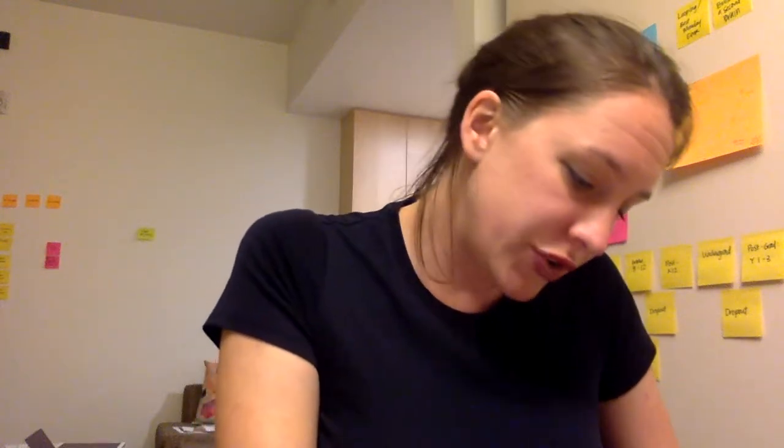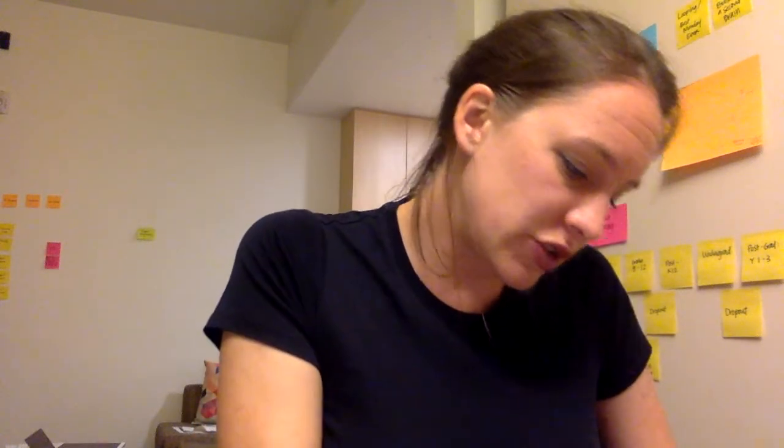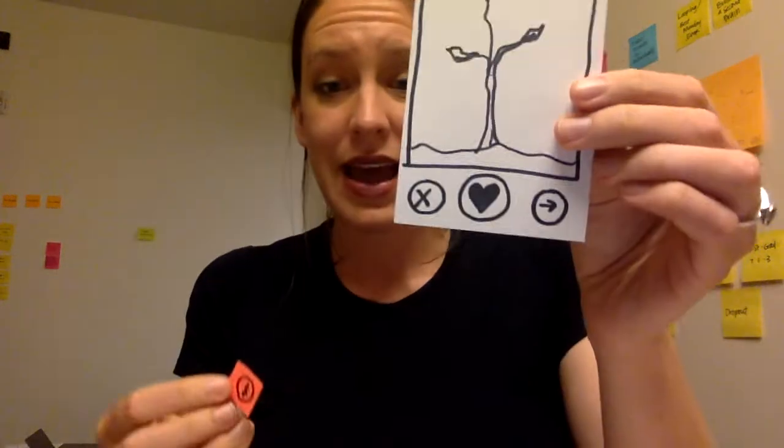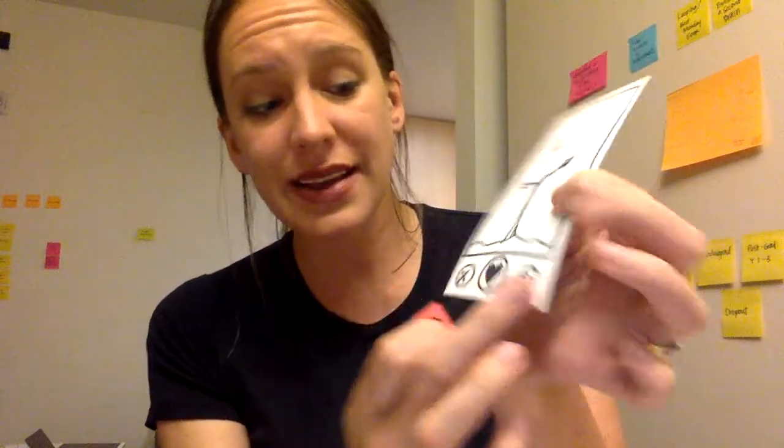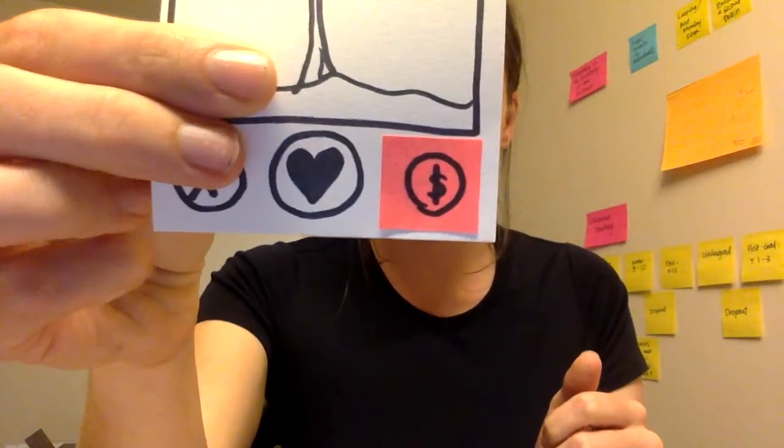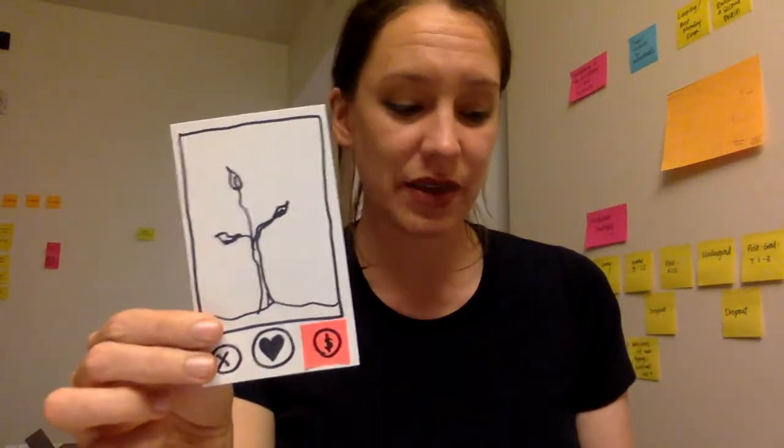Instead I want a button that lets people donate to conserve the tree or adopt it or something like that. So I can just use that little sticky part of the Post-it, and where I had my next button that I don't want anymore, I can replace it with the money button. And then now we have something totally new.